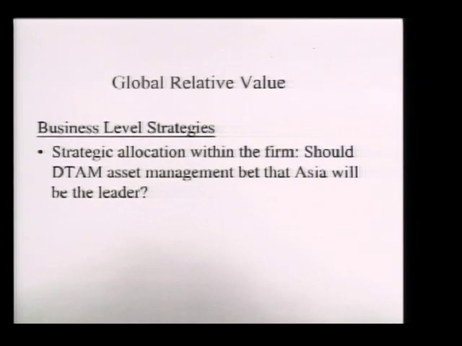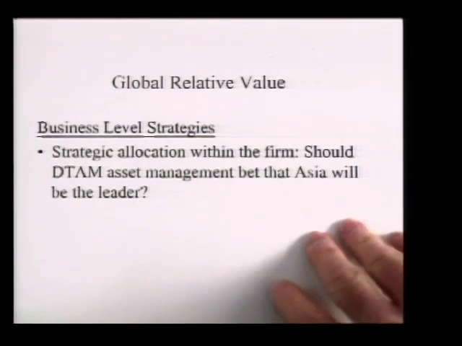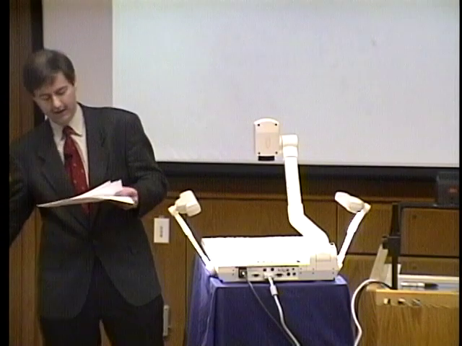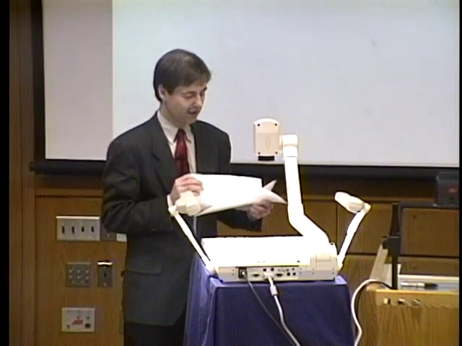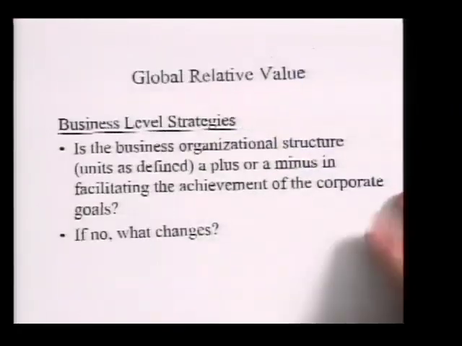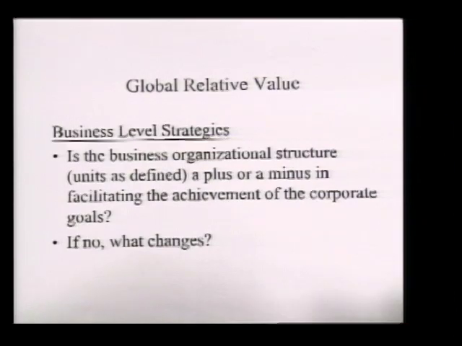What are the other functional areas to think about? And another thing that I'd be interested in talking about is the organizational structure. Is that going to be a plus or a minus? And are there any suggestions on this?